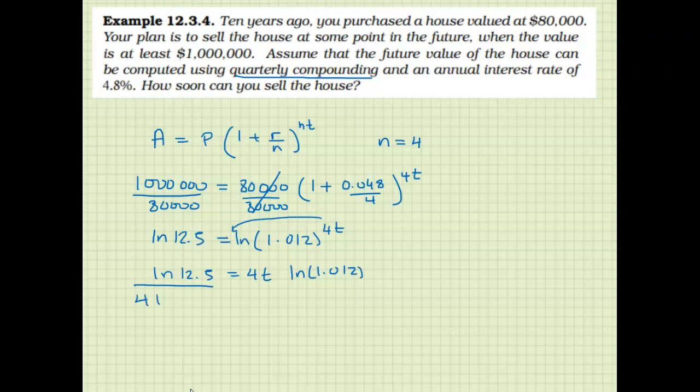Divide by 4 log of 1.012. All right, log of 12.5 divided by log of 1.012 divided by 4. That's more reasonable. t equals 52.9 years. All right, that makes a lot more sense.